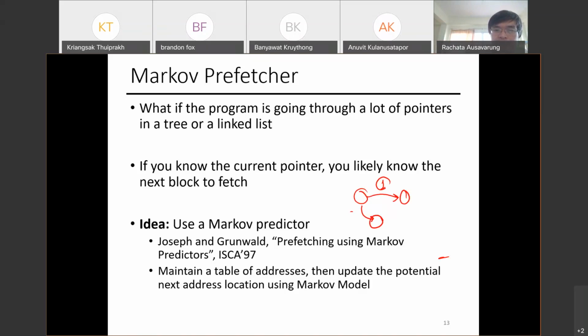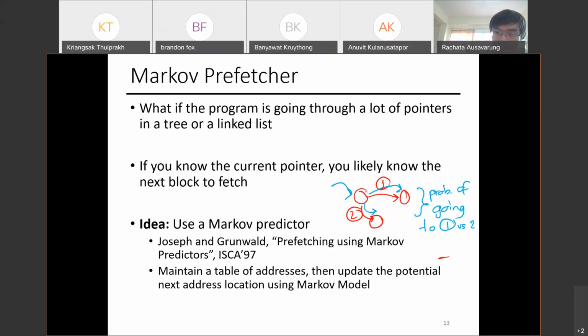This is path one and path two. A Markov model would look at the history whenever you are here. I'm going to use a different color. Whenever you are here, how many times you go to the top versus the bottom part. Then we translate this to a probability of going to 1 versus 2.